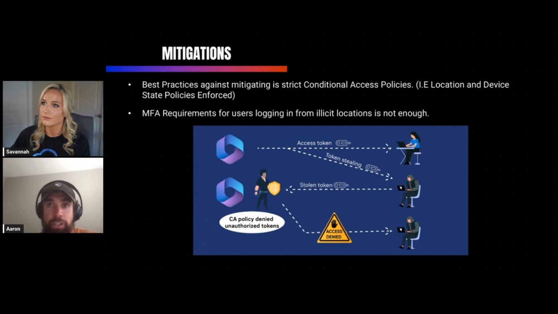Let's say you do get access to a token with an MFA imprint. Conditional access could still prevent you from enumerating those API resources because you're coming from a different location and the device used is not the one that's enrolled in Azure to that specific user.